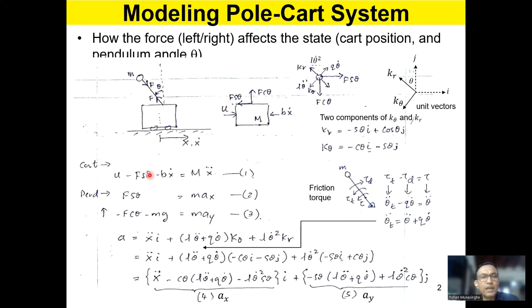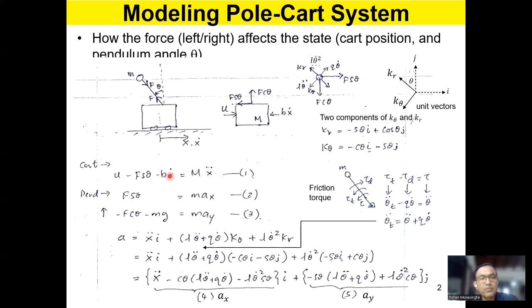So you can easily write down this first equation for the motion of the cart horizontally, rightward from left to right. The force is U, and then you have F sine theta as a negative force, so minus F sine theta. And also there's another force, B x dot, also negative.